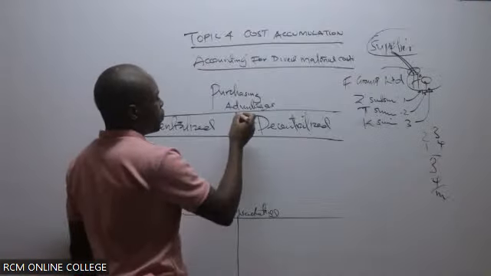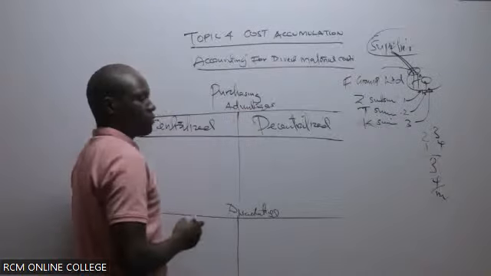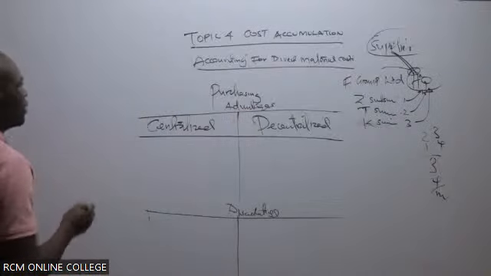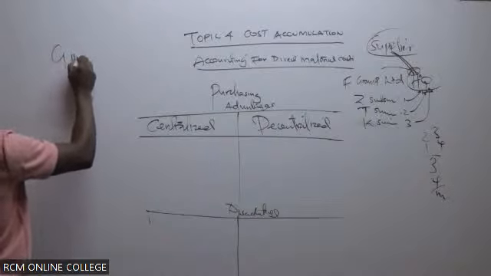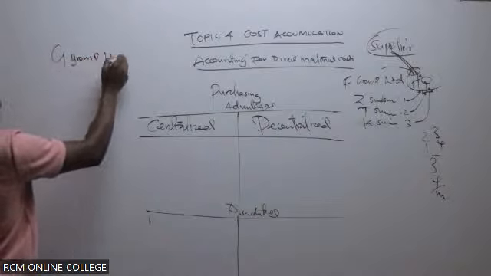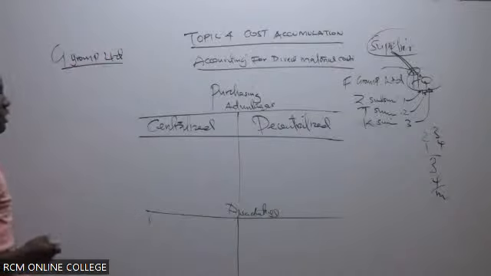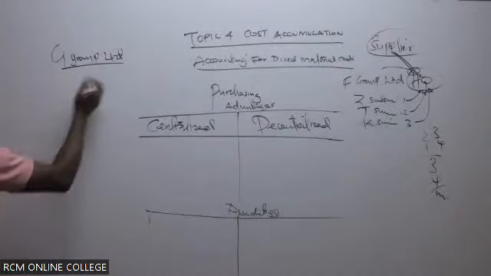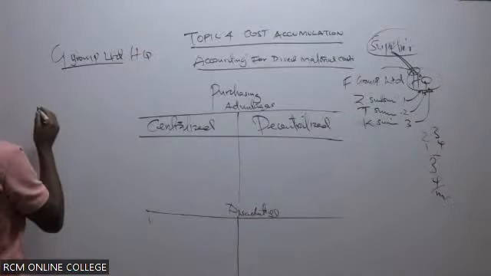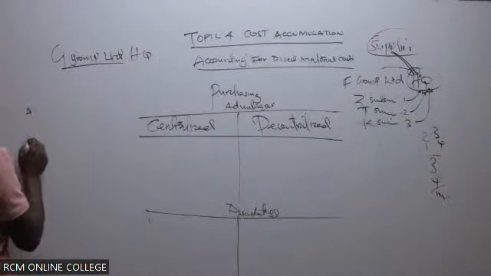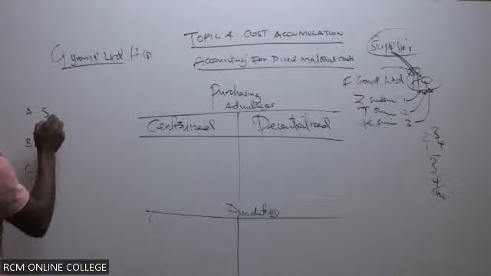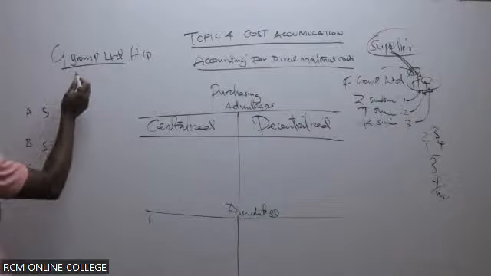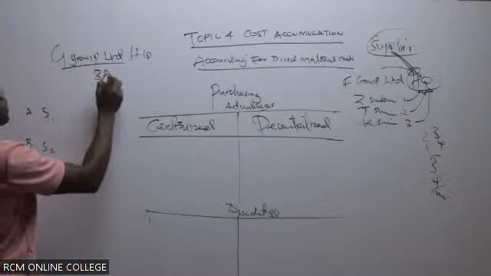If I come to decentralized, we have G Group Limited. G Group Limited has got subsidiaries. So this is the headquarter. It has got subsidiary A, subsidiary B, subsidiary C. So headquarter has got 3 procurement officers.